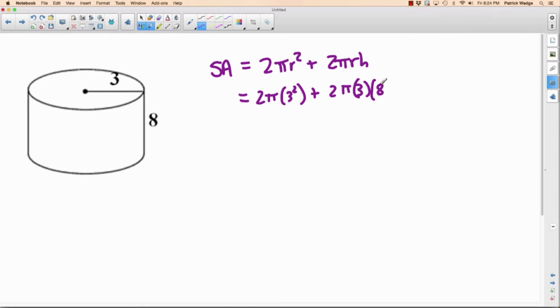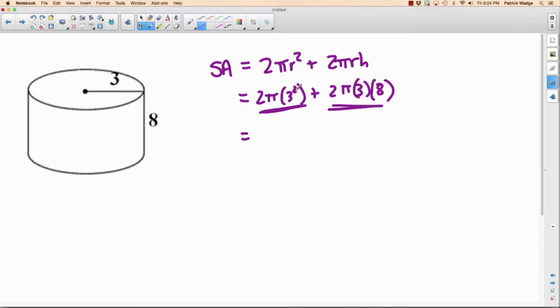It's 8. Alright, you could just pick up your calculator and hammer this in, but I do find that a lot of times people get it wrong if they do that, so be careful, use some brackets if you're going to do that. What I prefer to do is get this answer, and then add them together. So in this one, remember you're going to square it first.